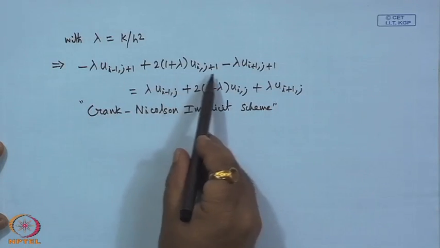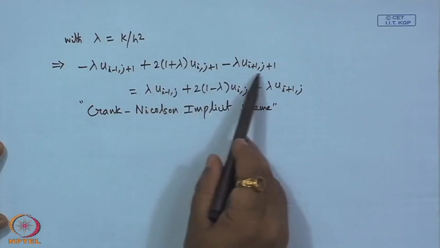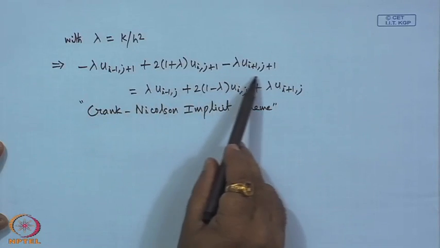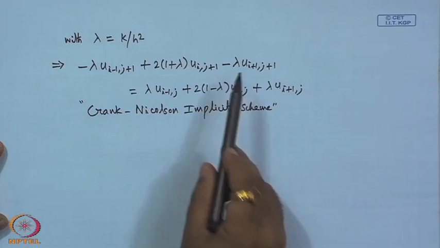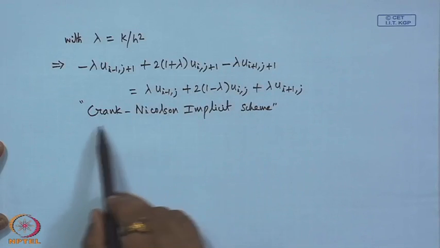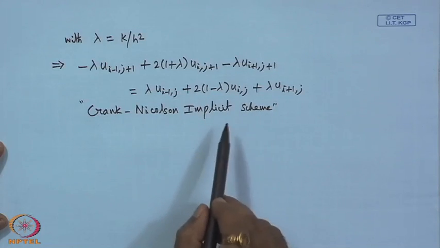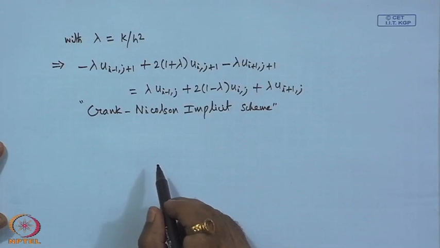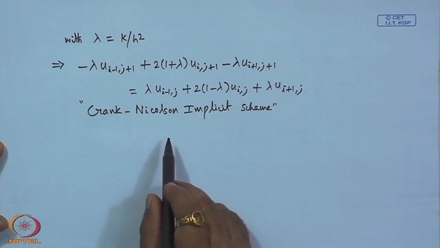So, this is implicit because at j plus 1 we have more than one point, more than one term involved. So, this is the implicit nature we have discussed before. So, this is very popular Crank-Nicholson implicit scheme. Okay. So, let us try with an example.